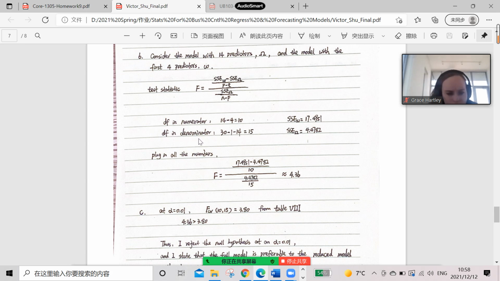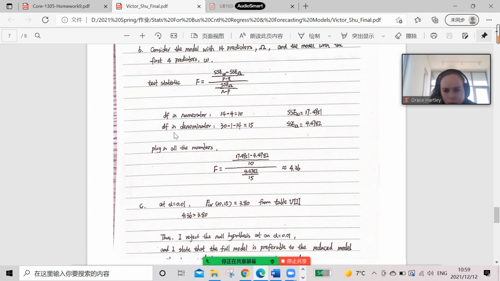The df in the denominator is 30 minus 1 minus 14. 30 is n, the number of observations we have. It's just like the simple F-test we just discussed. Then minus 14, the number of predictors in the larger model, and then minus 1 is 15. What you have to understand is how to calculate the df in the numerator and the df in the denominator.